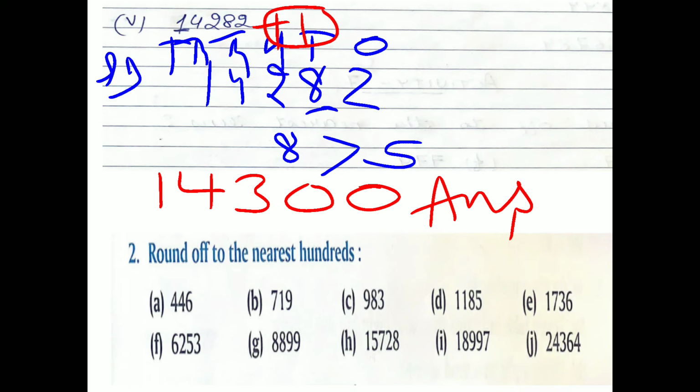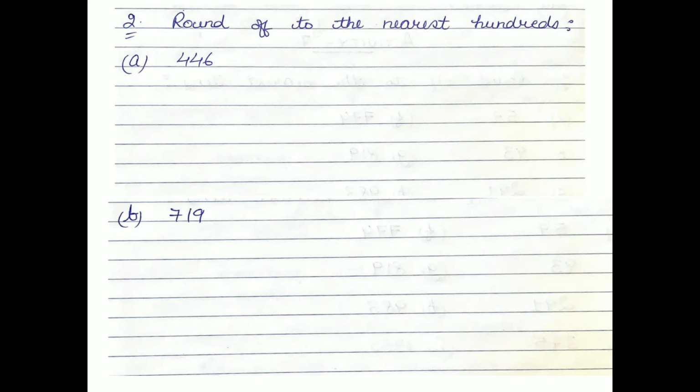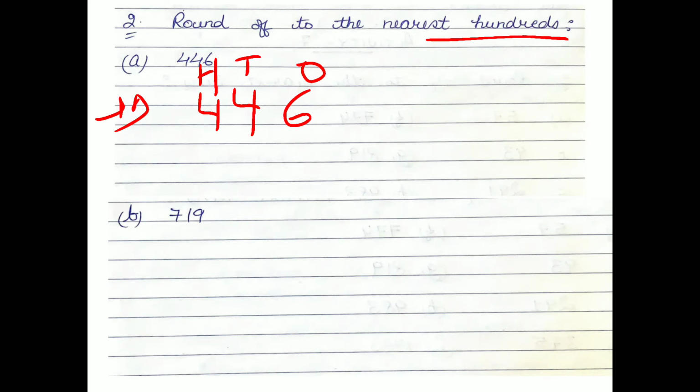Now students, we will do question number 2 of activity 7 in a copy, in this manner. Clear? So let's start with it. First number is 446. How do you have to do it? Firstly you write 4, 4, 6, and above the number write down ones, tens, 100. Nearest 100, so which place do you have to see? Tens place.